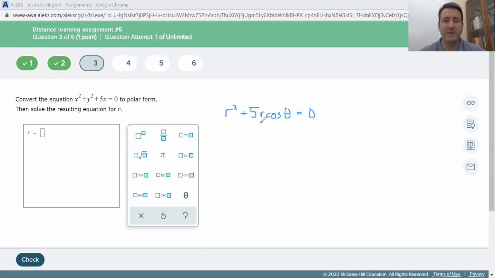All right, now let's move this 5r cosine theta over to the other side here. So we get r squared is equal to negative 5r cosine of theta. Just subtract 5r cosine theta from both sides.